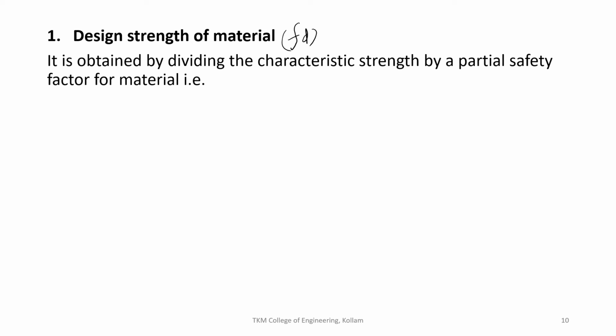It is obtained by dividing the characteristic strength by a partial safety factor for the material.